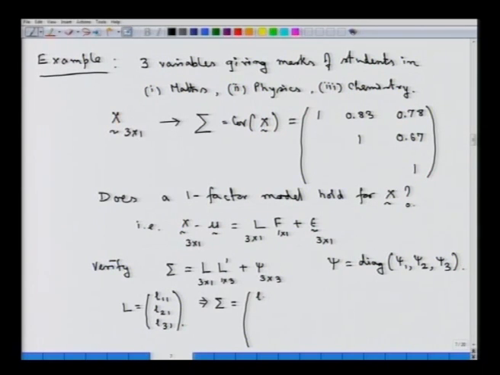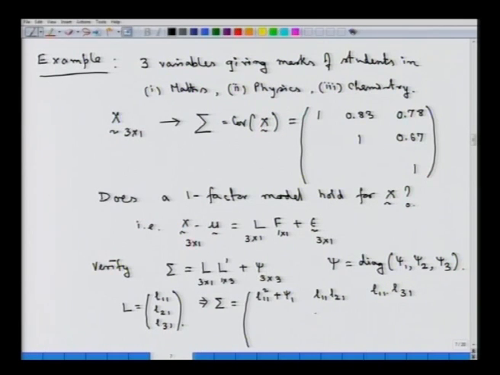Thus we write the first entry as L11 squared plus the element coming from the psi matrix, so this is psi 1. The second entry is L11 times L21. The third entry is L11 times L31.